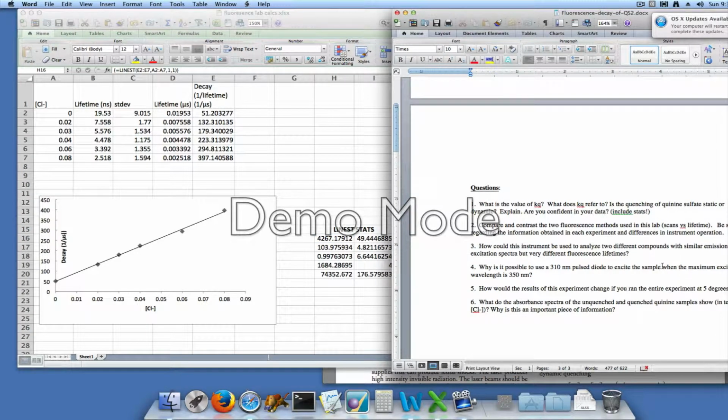What do the absorbance spectra of the unquenched and quenched quinine samples show in terms of chloride ion concentration?